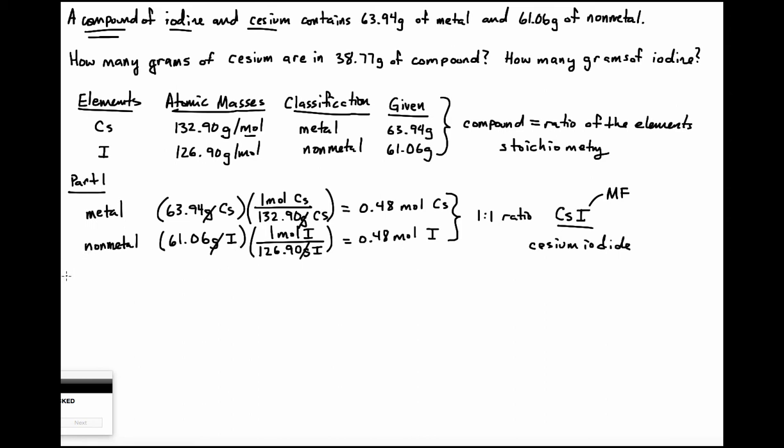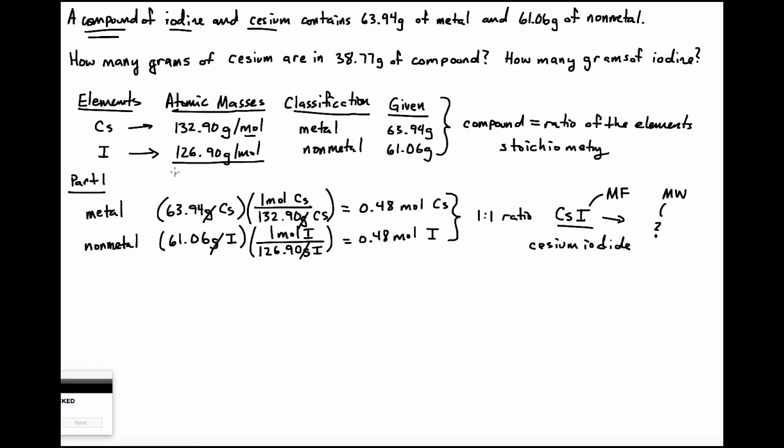So in the next part of this problem, just as these elements have atomic masses, the compound is going to have a molecular weight, and we have to figure out what that is. So it's essentially the sum of the atomic masses. Because it's a 1-to-1 ratio, all we're going to do is simply add these together.